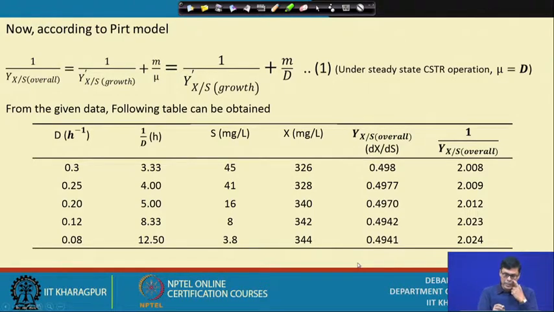Now, this equation we have written in this form. This is 1 by Y X by S, and this mu we replace by D, and then we can write this table from the data that we have.